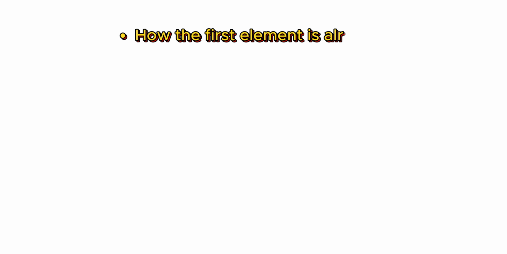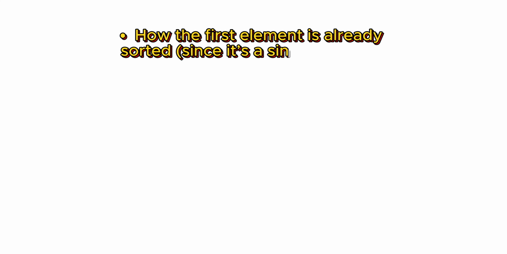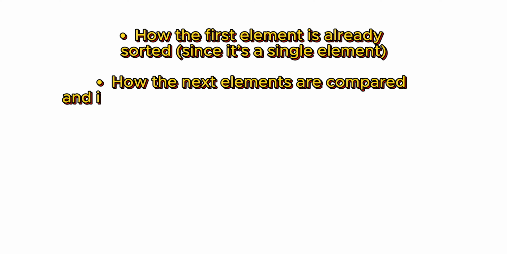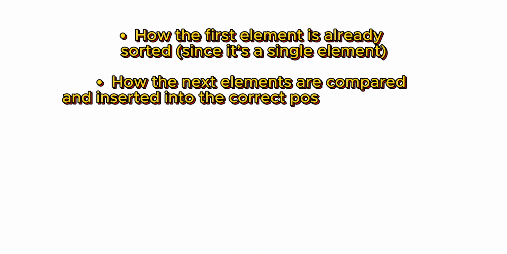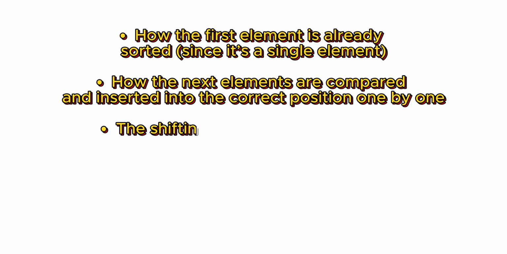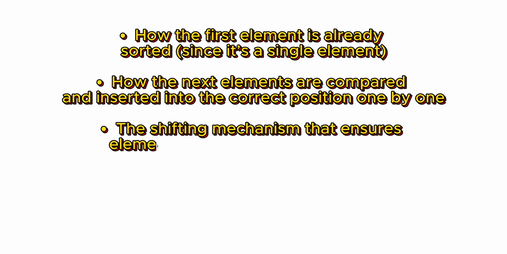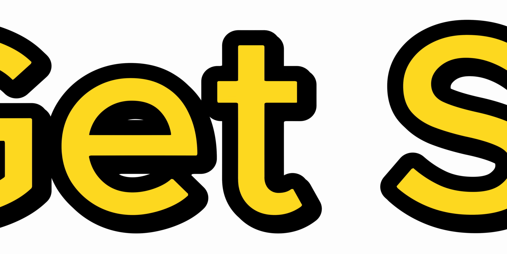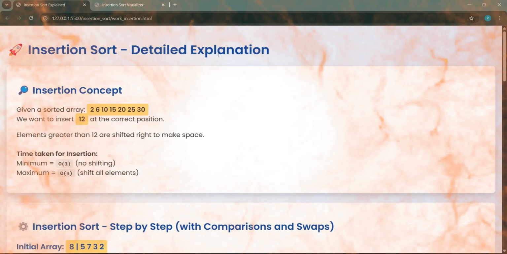We will see how the first element is already sorted since it's a single element, then how the next elements are compared and inserted into the current position one by one. At last, the shifting mechanism that ensures elements move to their correct spots. So, let's get started and let's see the working of insertion and insertion sort.